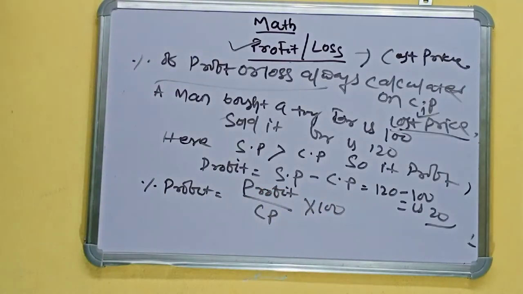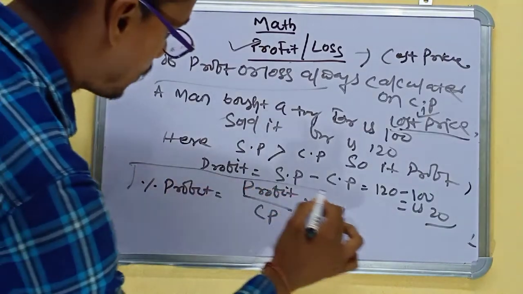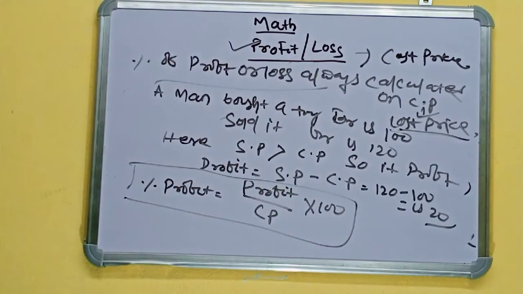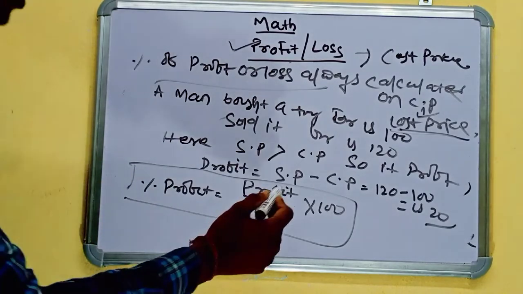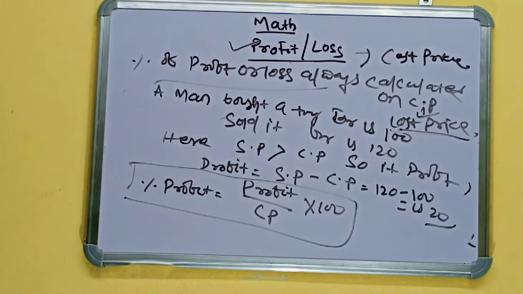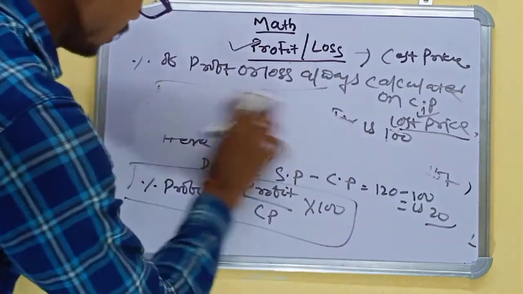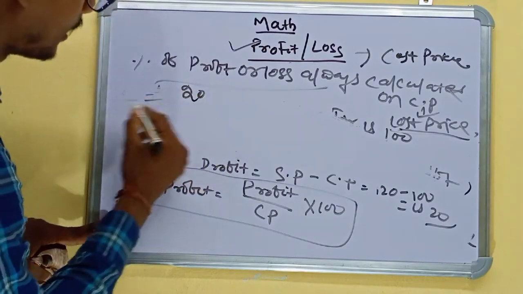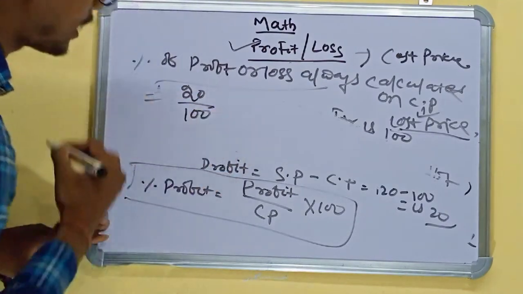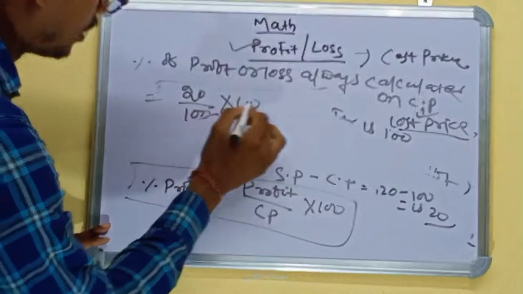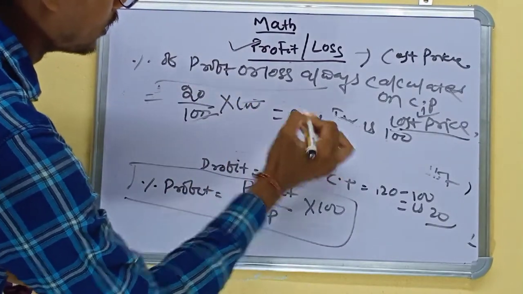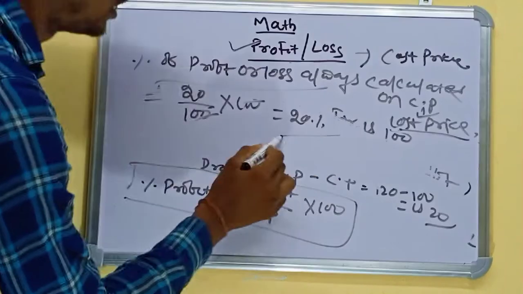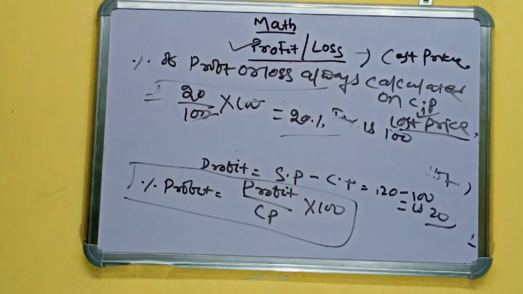Here profit is equal to 20 and CP is equal to 100, so 20 by 100 into 100 is equal to 20%. It is the percentage of profit.